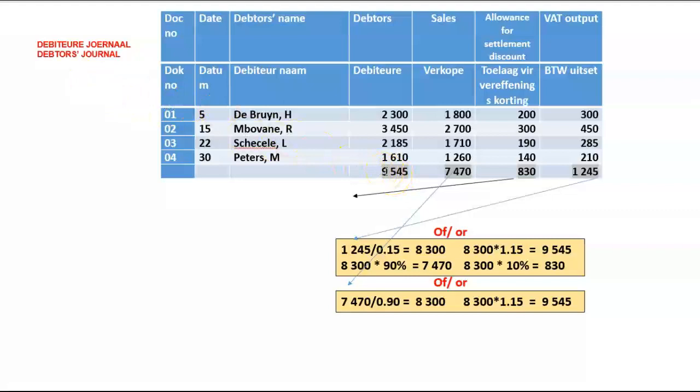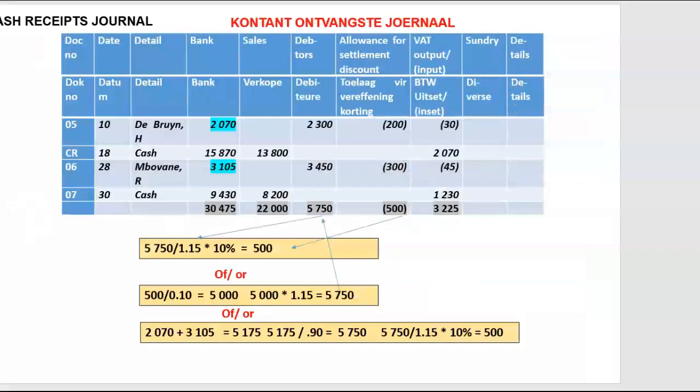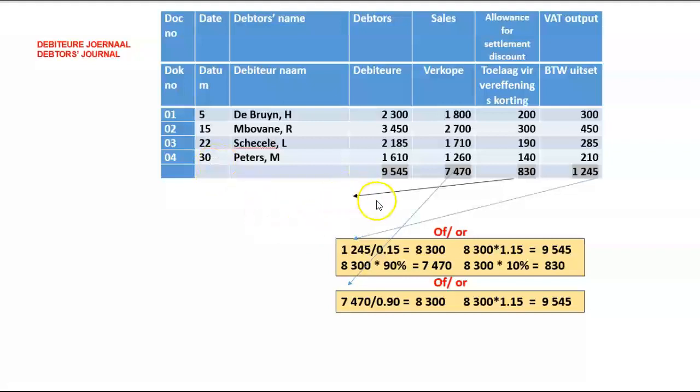So if I give you that total, but I ask you for the income statement, and you have to give me the sales figure for the month, you're going to extract your cash sales from your cash book receipts journal, 22,000. And then you're going to add to it your credit sales. And what will your credit sales be? The VAT exclusive amount, net of my settlement discount.